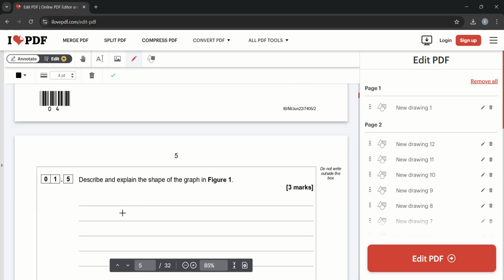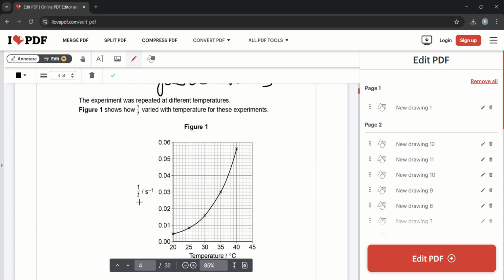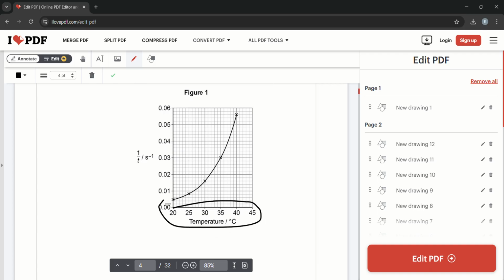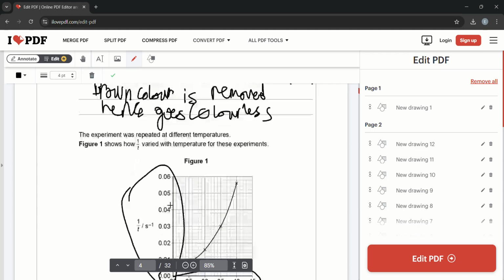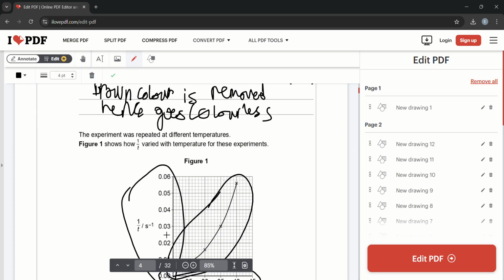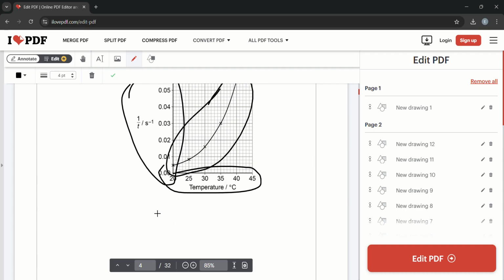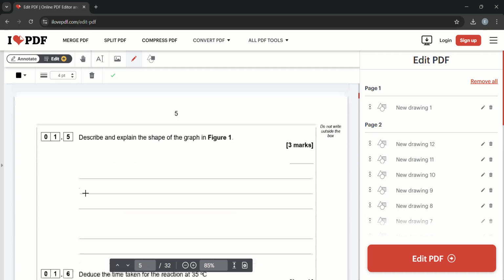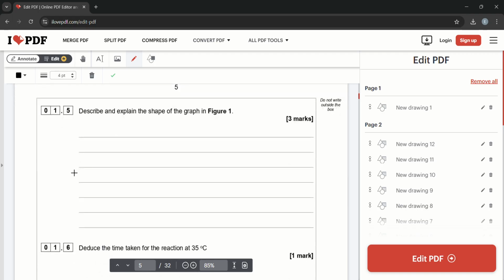1.5. Describe and explain the shape of the graph in figure 1, 3 marks. Well, let's just have a look at it. We can tell that as temperature increases, 1 over T decreases, so that would be our first mark. Now to describe it, well, this is an exponential graph, so the rate increases exponentially, because more particles will have energy greater than or equal to activation energy, more collisions, higher frequency, more successful collisions.